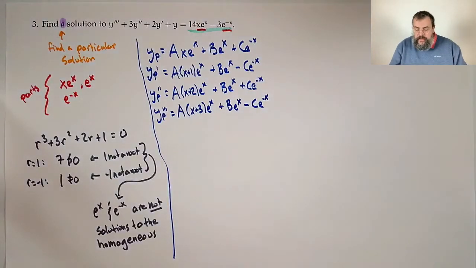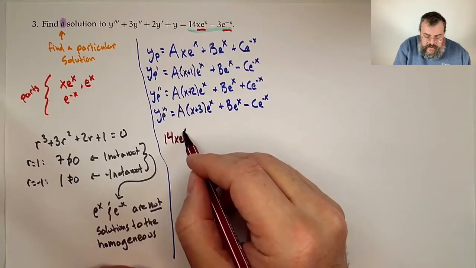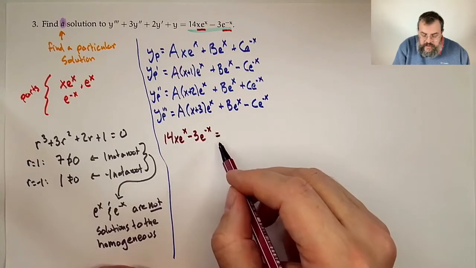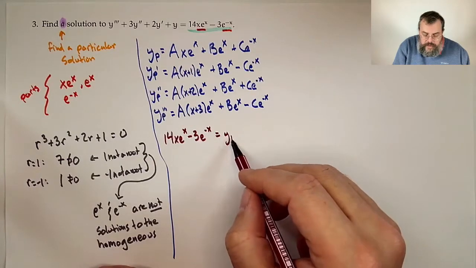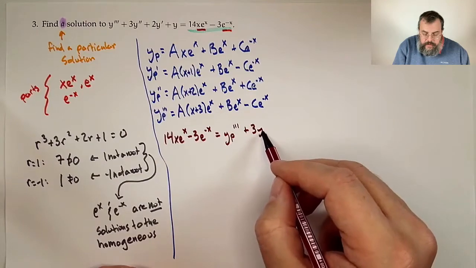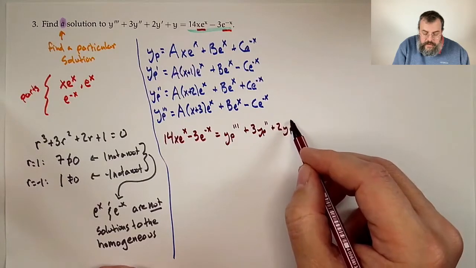Okay, so the point of all this, the punchline, well, we have that 14x e to the x minus 3e to the minus x is equal to, well, yp triple prime plus 3 yp double prime plus 2 yp prime plus yp.